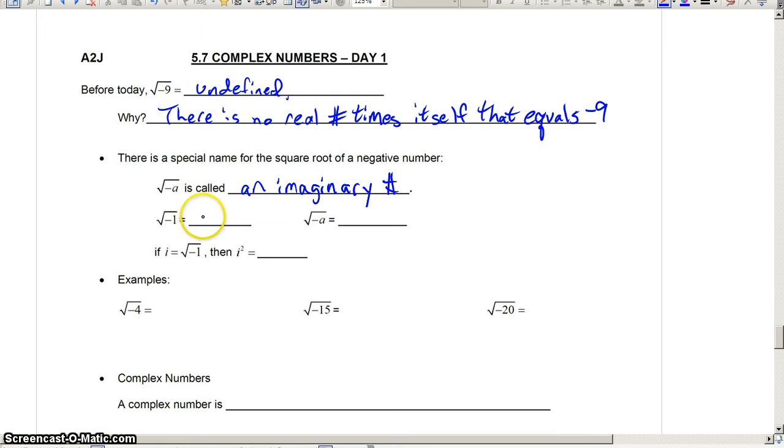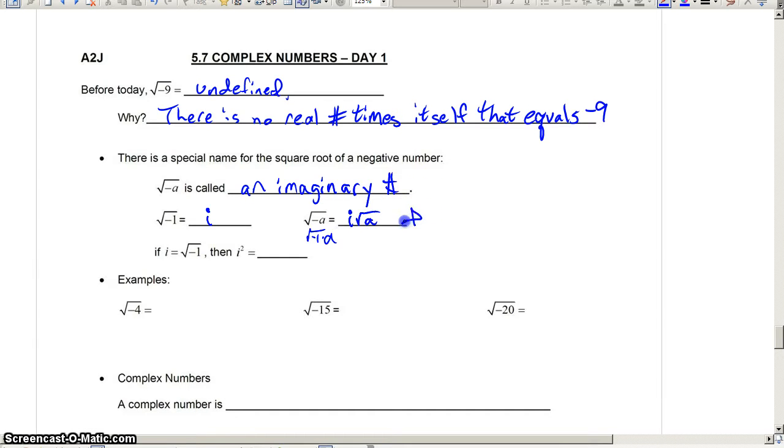The square root of -1 we're going to call i. And of course, inside the radical of -a, we could think of this as -1 times a, and we could separate that. The square root of -1 is actually an i, like we just said. So we could write this as i radical a.